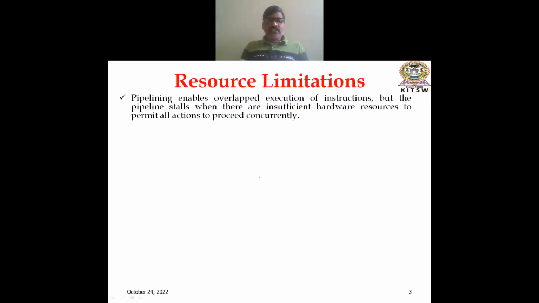Okay, so the resource limitation. We already had a discussion regarding the pipelined execution of instructions, which enables the execution of instructions in an overlapped manner, but the pipeline stalls when there are insufficient hardware resources to permit all actions to proceed concurrently.